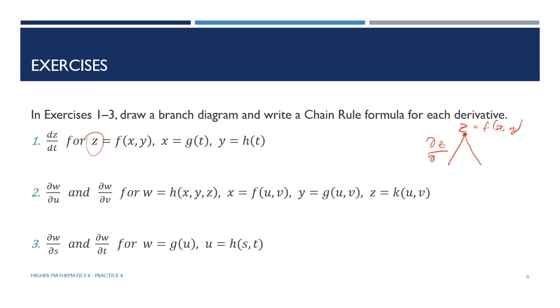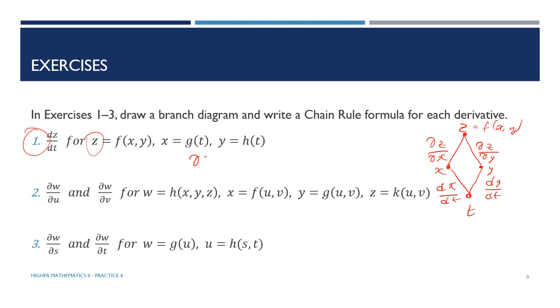From the top I have to go to two branches. This one is dz dx and this one is dz dy. At this point I have x and at this point I have y, and they are going down. Here I have t, so here dx dt and dy dt. So this is the branch diagram for the first exercise.